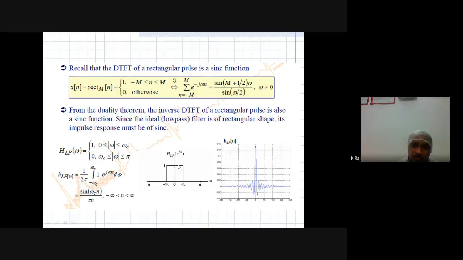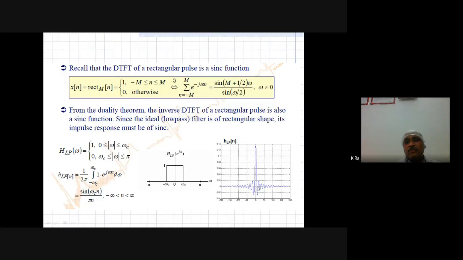So this is the frequency response of the ideal low pass filter, and during the time of designing, if we transform this into the time domain using the inverse discrete time Fourier transformation, that is the IDTFT, then we will get this type of response.